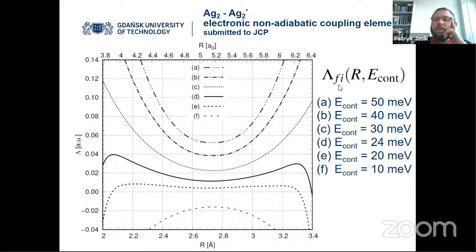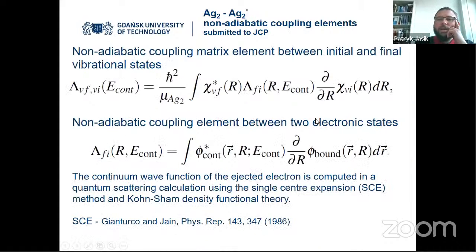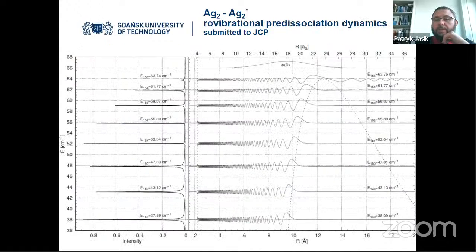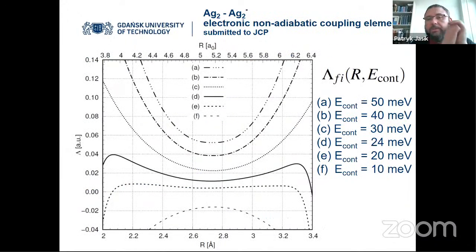So lambda Fi are non-adiabatic couplings between the ground state of the molecular anion and the silver dimer with the ejected electron.